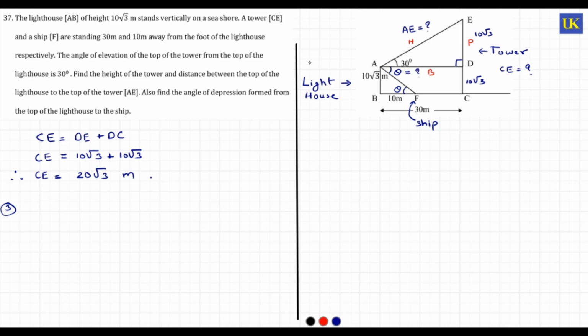So if this is theta, then the side adjacent to this one will be, I'll just put it down. So for this triangle now, ABF triangle. So for this ABF, we have to consider ABF triangle.